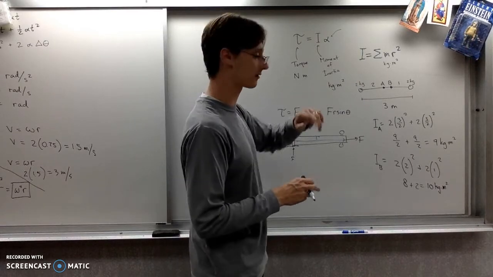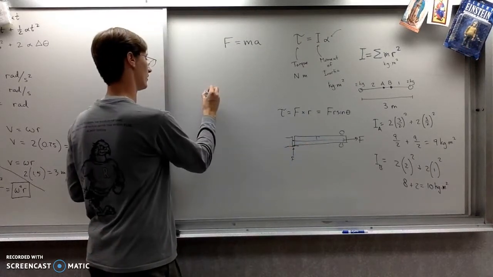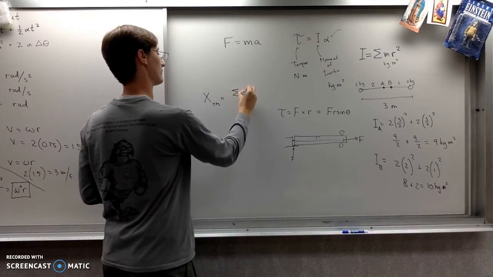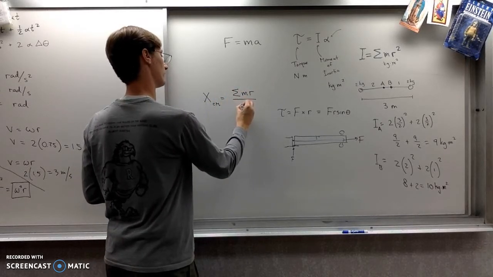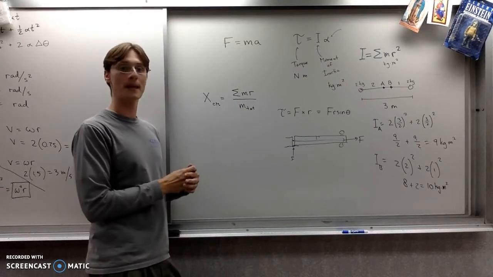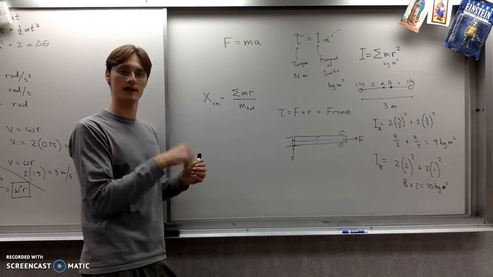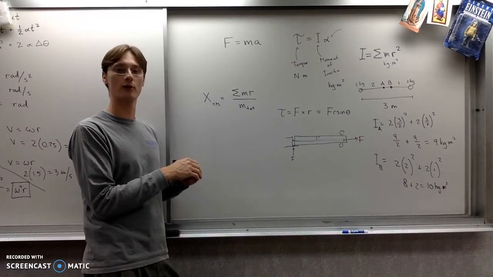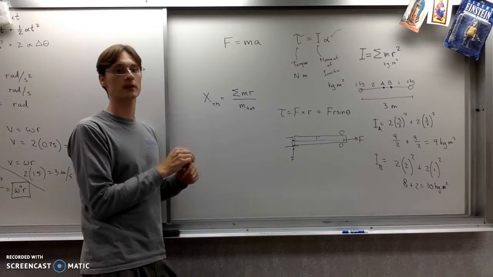for center of mass, the formula for that is that right there. That may look kind of like that one. It's got a sigma, it's got an m, it's got an r in it, right? So it's like the same formula. Not really, okay?